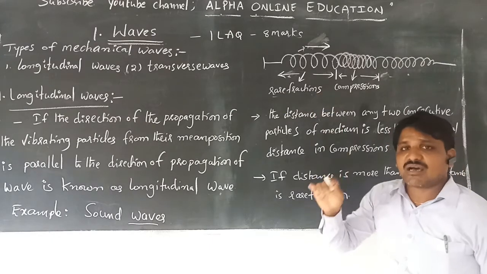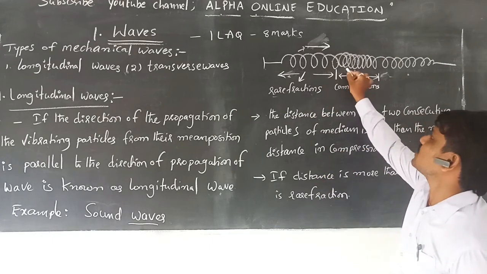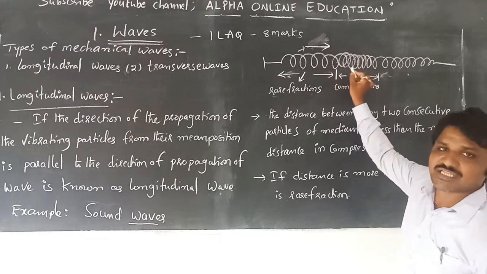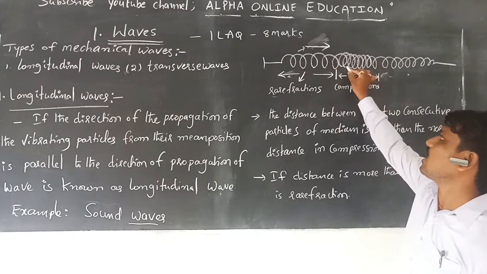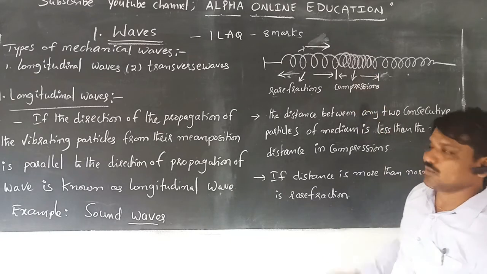And if the distance between two consecutive particles is less than the normal distance, it is called a compression.